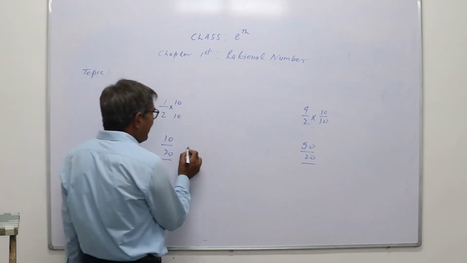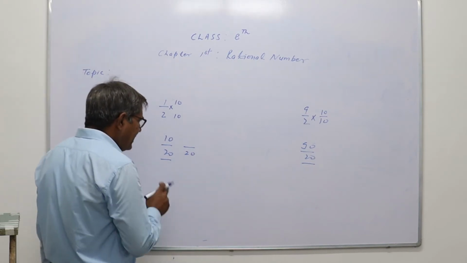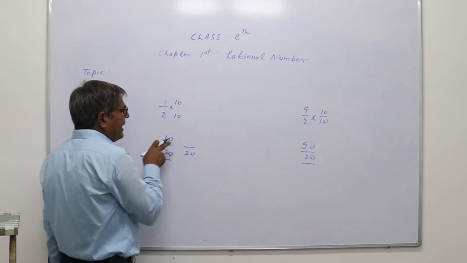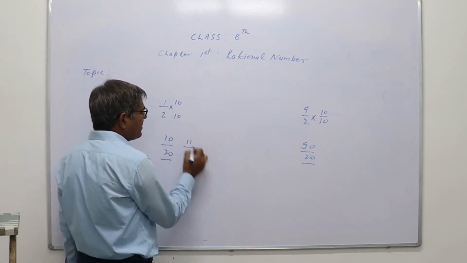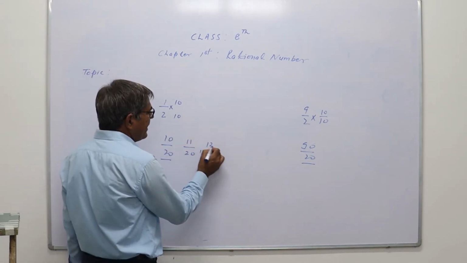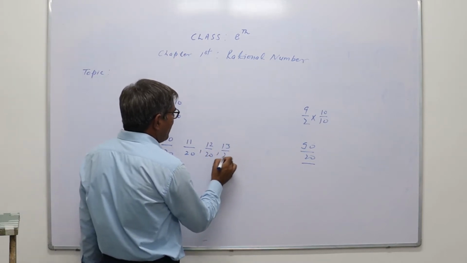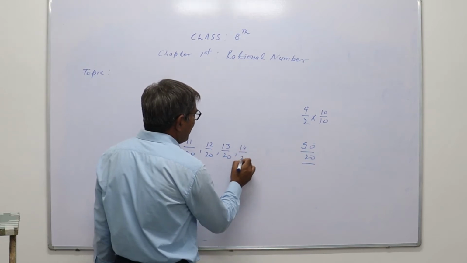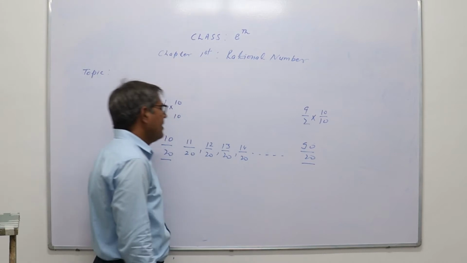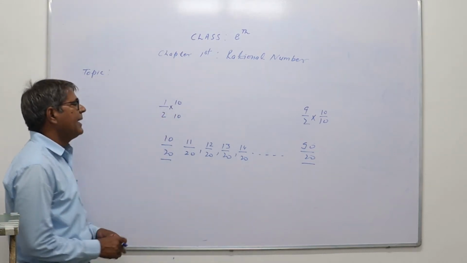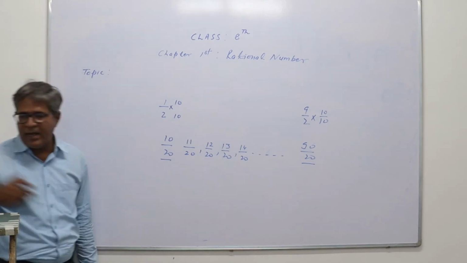So by keeping the denominator the same and only increasing the numerator, after 10 the next is 11 upon 20, then 12 upon 20, then 13 upon 20, then 14 upon 20, and so on. In this way we can find some more rational numbers between the two given numbers.